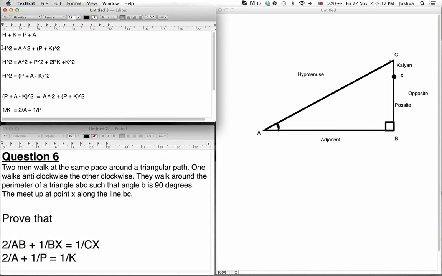We also knew that this squared is equal to this plus this, all squared, plus this, which would give us this, which you could cancel out to this. We also knew this equation could be written as this, because we also know that this would give us this equation as well.